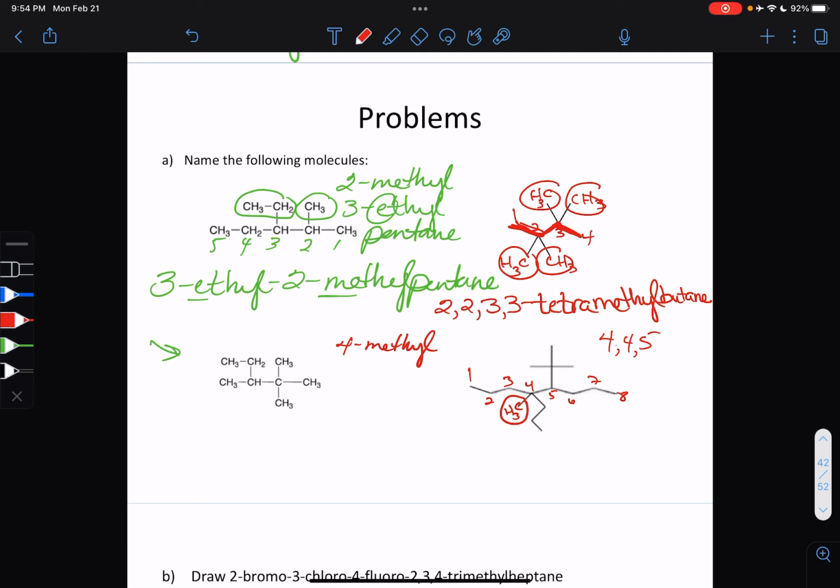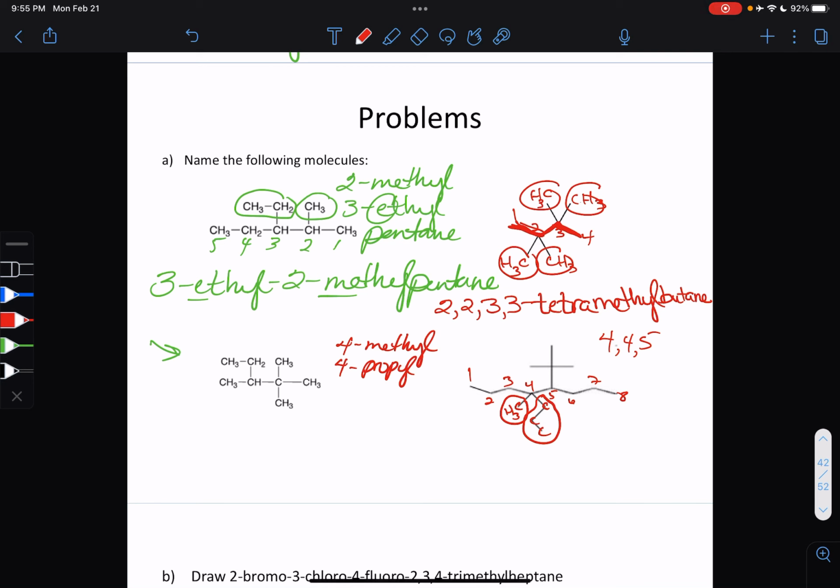Now, I've got another branch that has 1, 2, 3 carbons, and it's bonded to an end carbon, not to that center carbon. And remember that carbon number 4 is part of the parent chain, so we do not include it with that 3-carbon chain that's hanging off of it right here. What is that called? That's propyl.